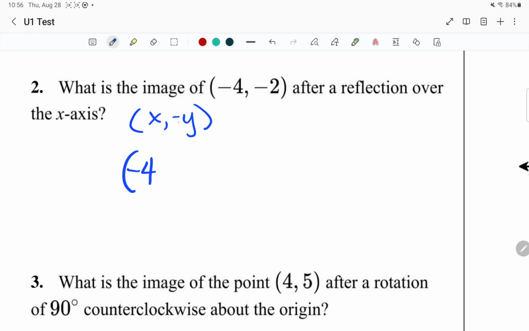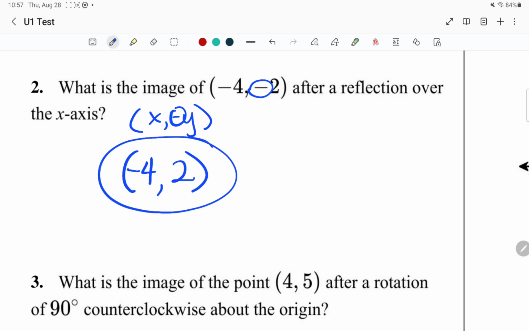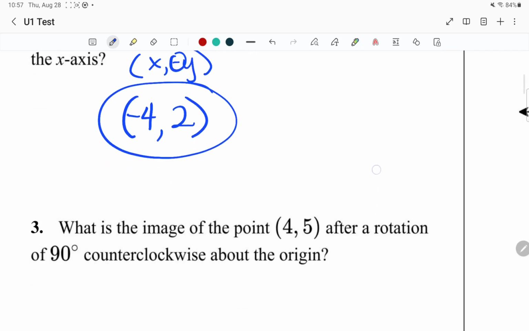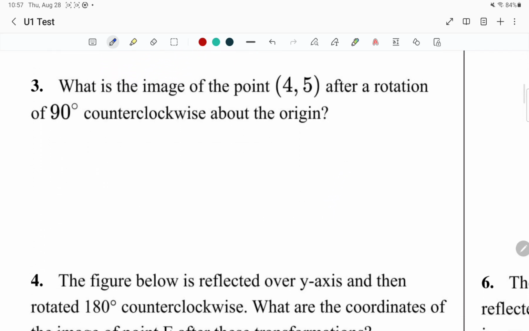And then I'm going to take -2, and I've got the negative from the y and the negative from the 2. 2 negatives make a positive. So -4, +2.